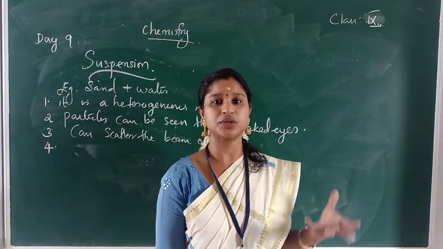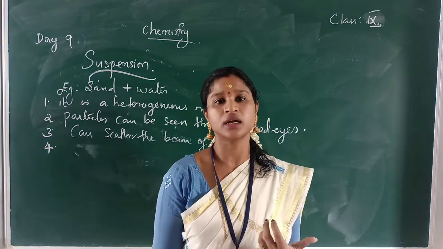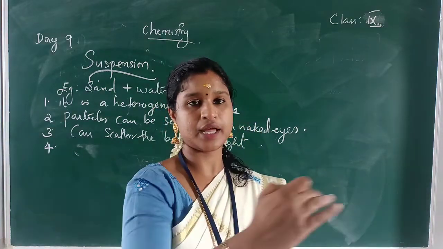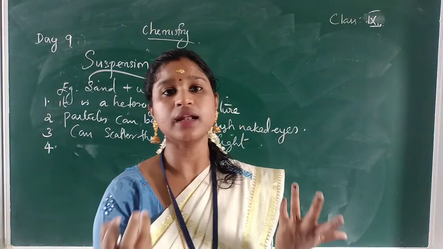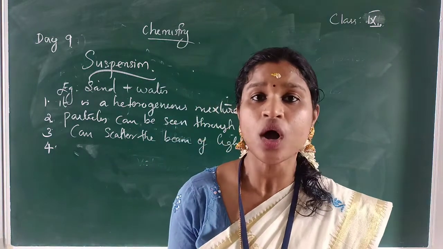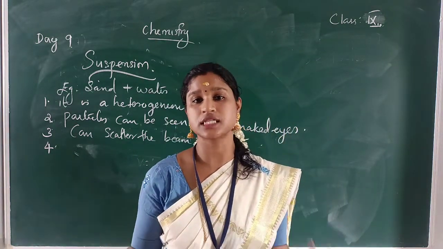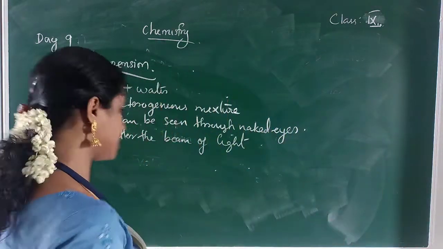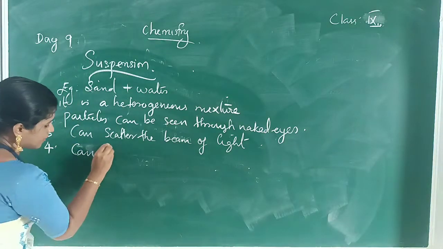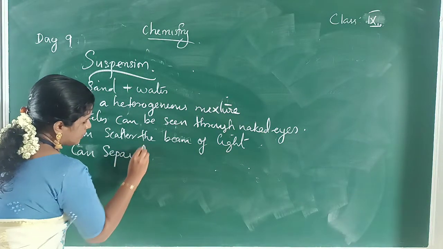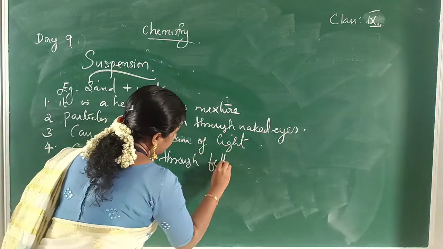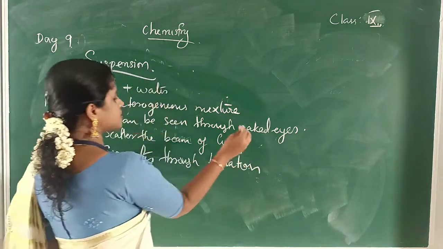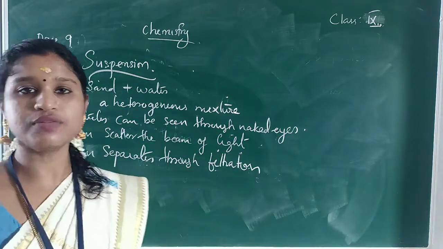Sand plus water, by using a filter we can very easily separate the sand and water into two. The particle level is large, so it is very easy to separate the suspension through filtration. So these are the important properties of a suspension.